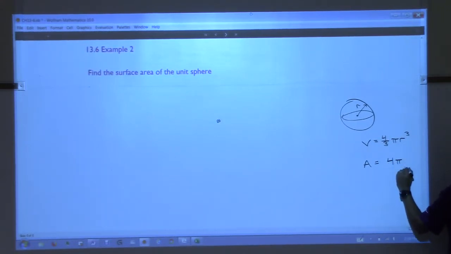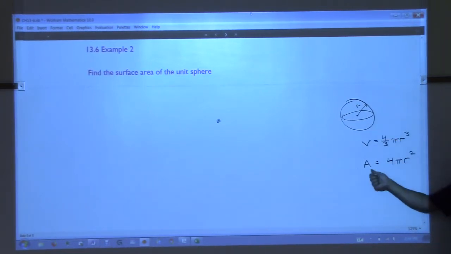I think it's 4 pi r. No? Where's your formula sheets? I don't have them memorized. I have that one memorized. I don't have this one. Surface area of a sphere? 4 pi r? Is it r squared? Okay. No? Okay. So the surface area of a sphere is 4 pi r squared.